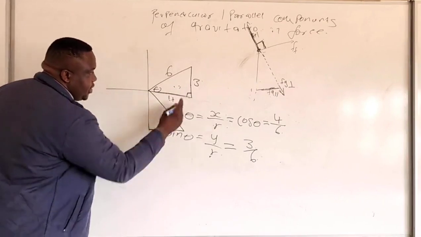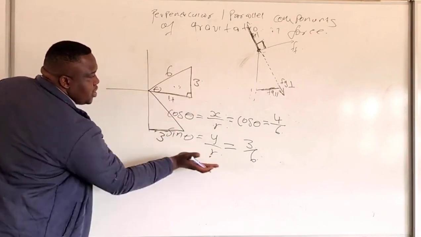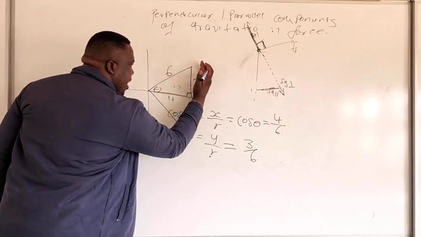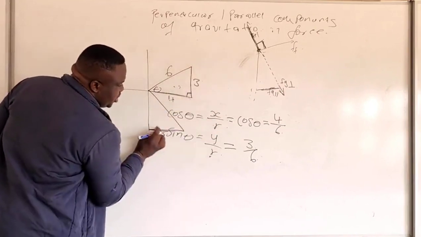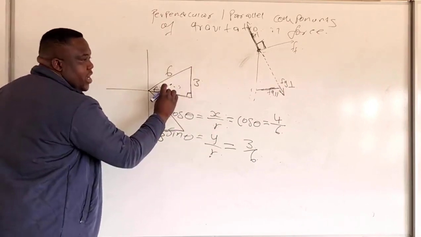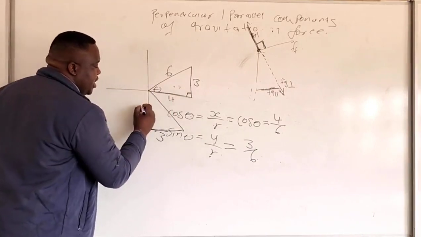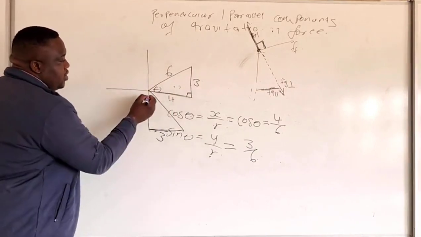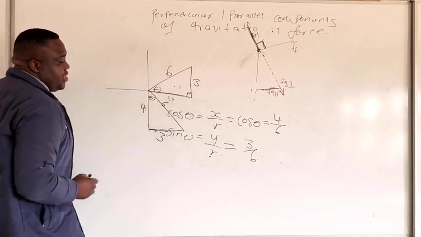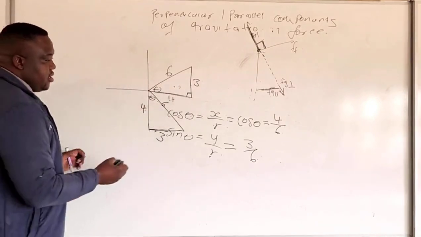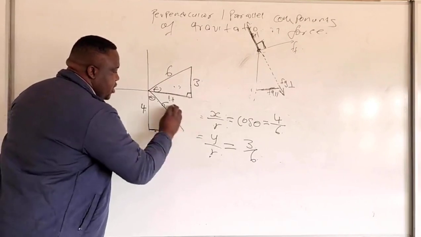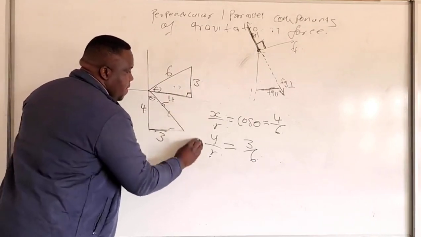It means here I will have 3, because this part, since it is vertical, is going to become horizontal. Then this one, which is horizontal, is going to become vertical, meaning that here I will have 4. Then theta will be here. Here we will have 6. Nothing has changed. Okay, let me erase this so that you can see.